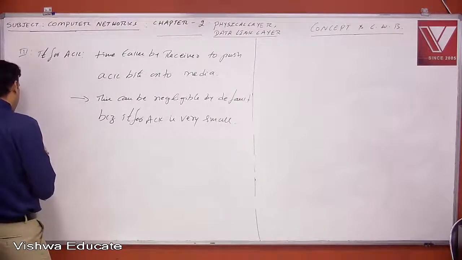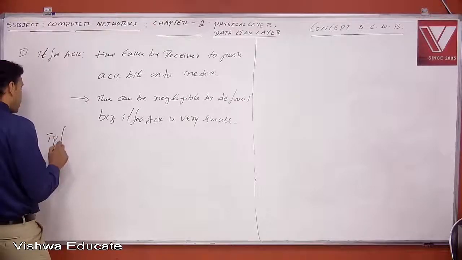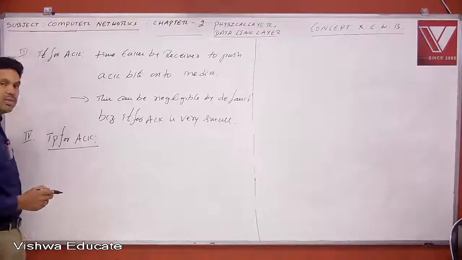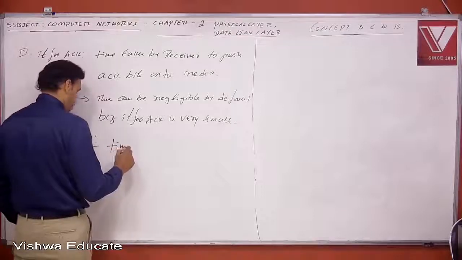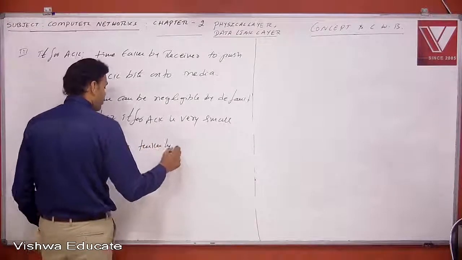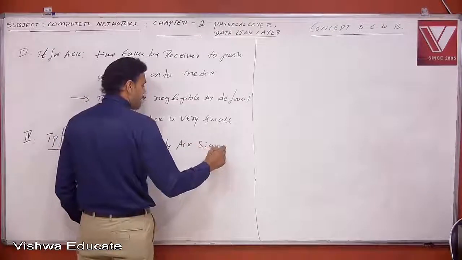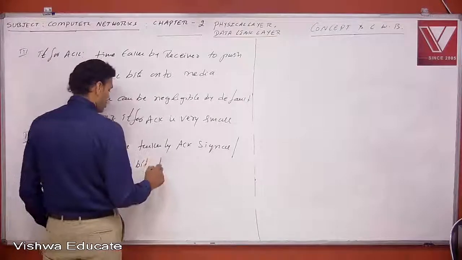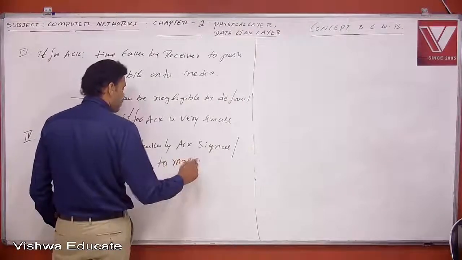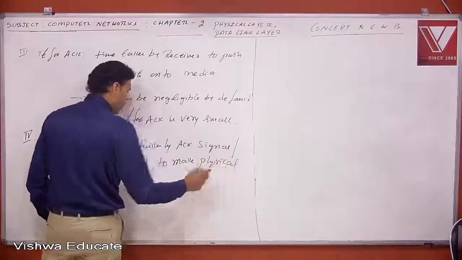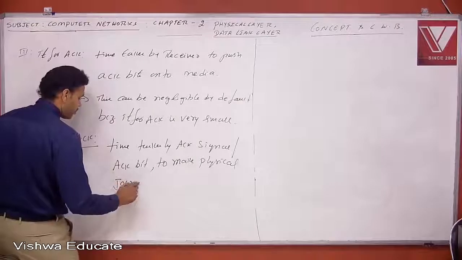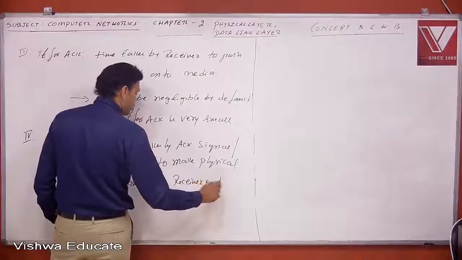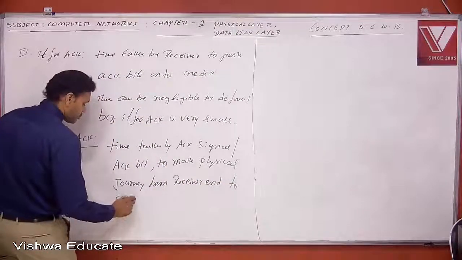And the fourth delay is TP for acknowledgement. What is the TP for acknowledgement? Time taken by the acknowledgement signal or acknowledgement bit to make the physical journey from the receiver end to the sender end.